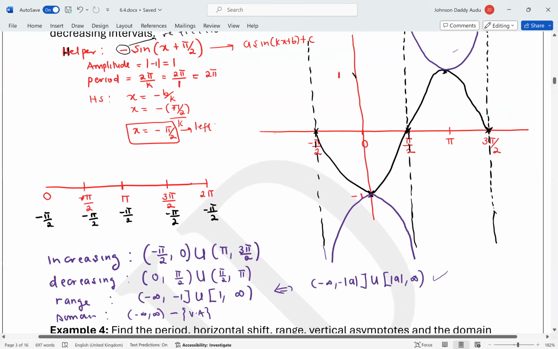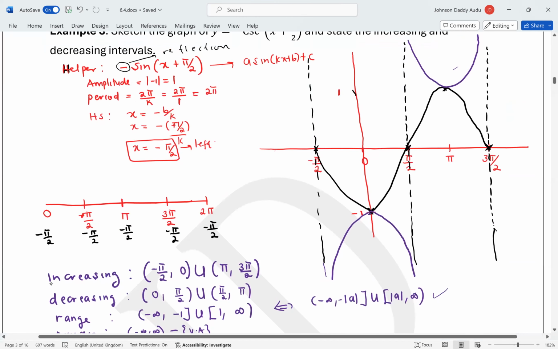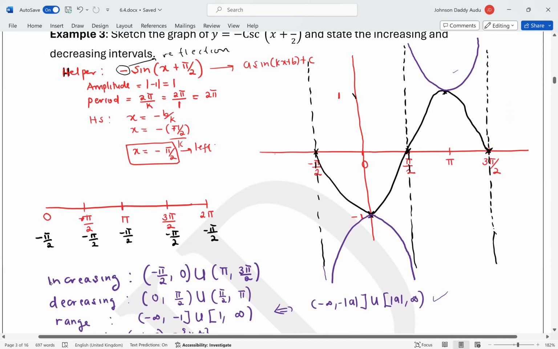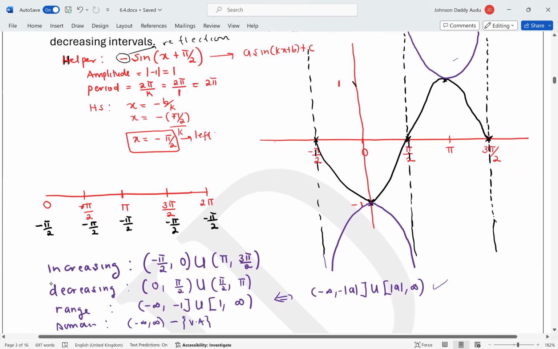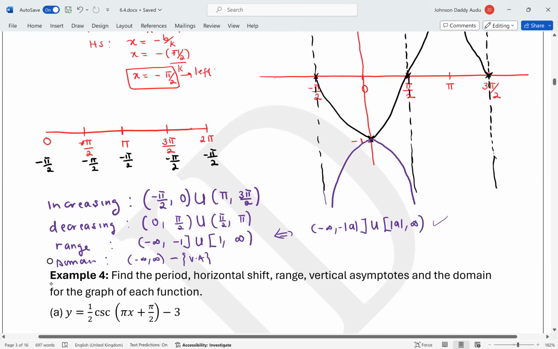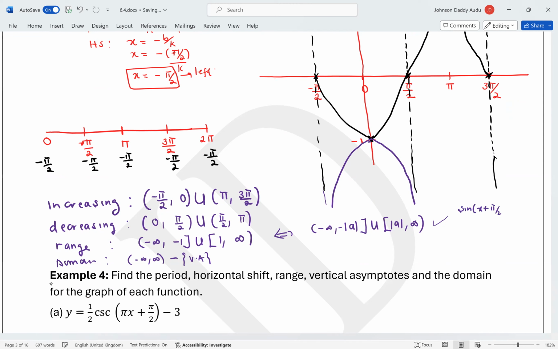If you look here carefully, this is the graph of what? The vertical asymptote is going to be the zeros of the denominator. So when I say the zeros of denominator, it means you need to let sine x plus pi over 2 be equal to 0. And this means that x plus pi over 2 is equal to n pi, right?